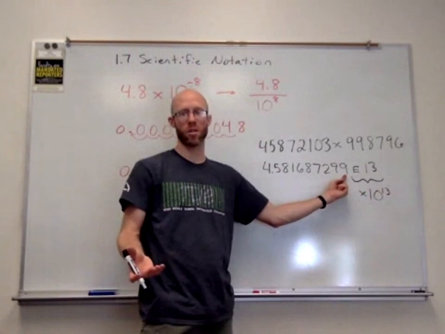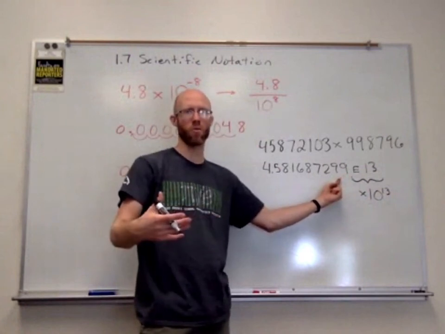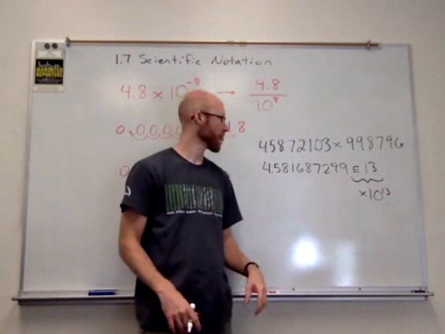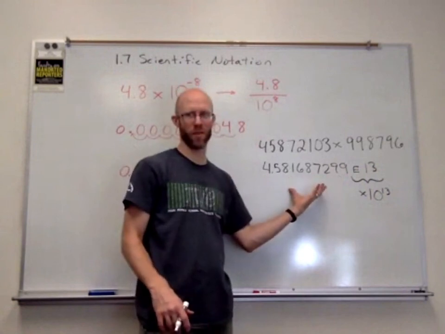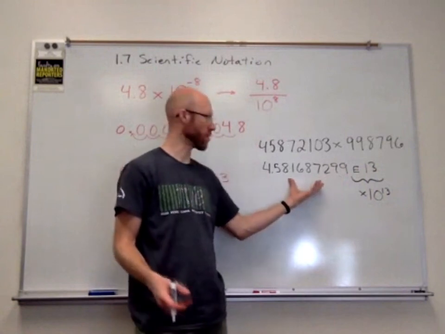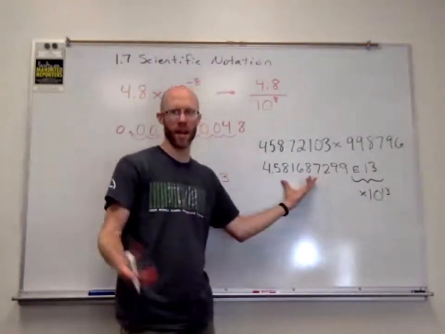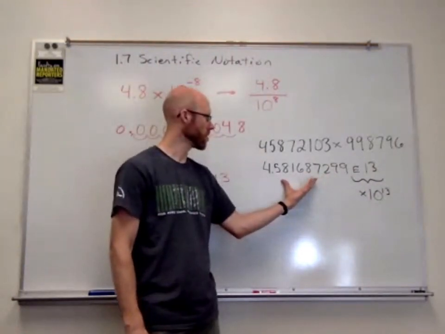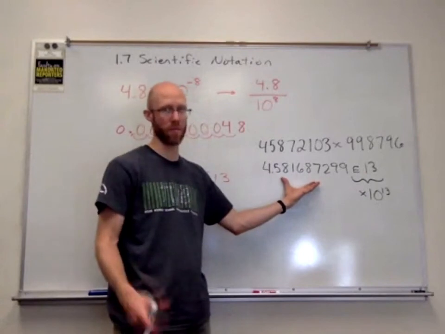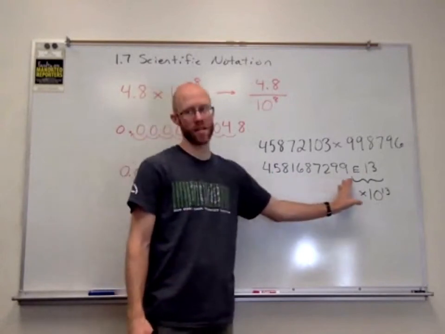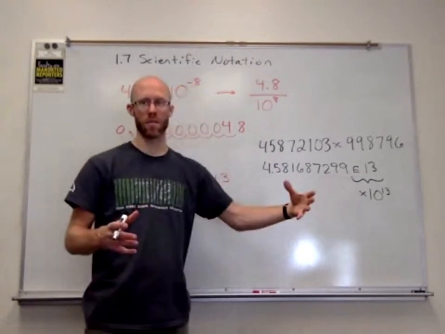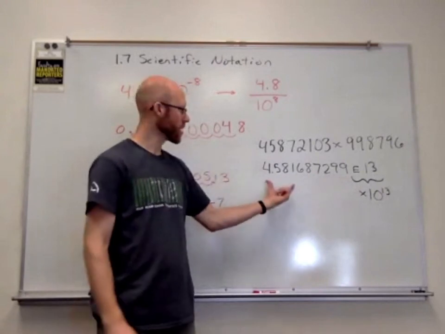In application, if you were actually doing this for a reason, like working in astronomy or engineering, you might want all the decimals, or you might need a certain number of decimals for a certain accuracy.